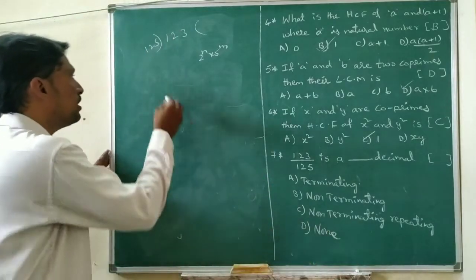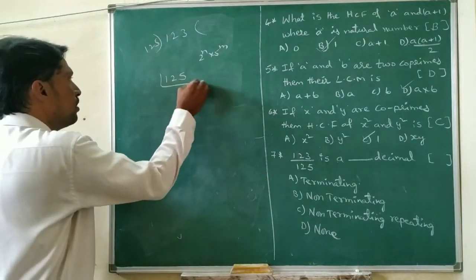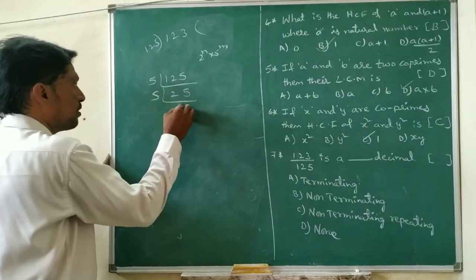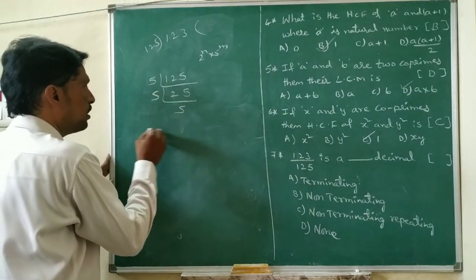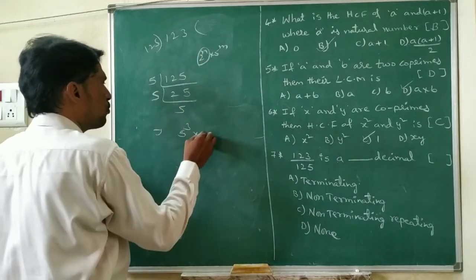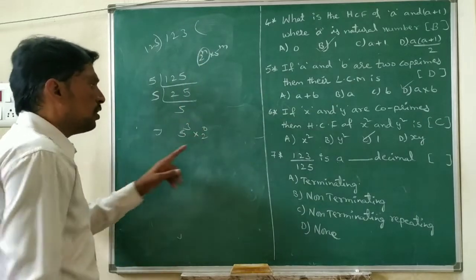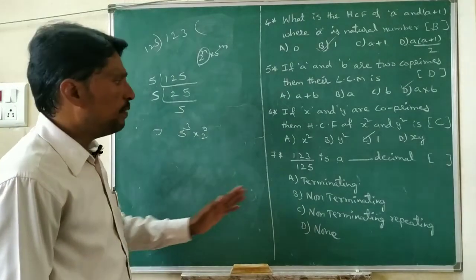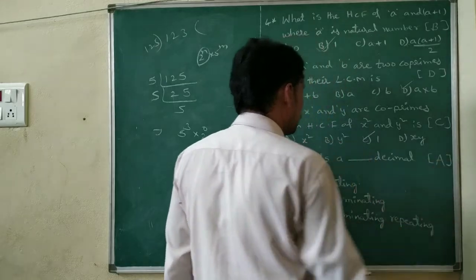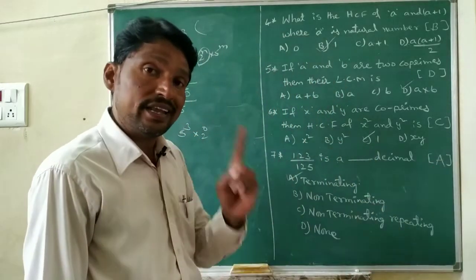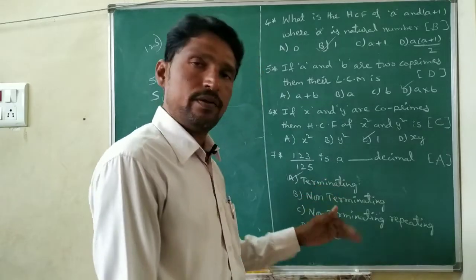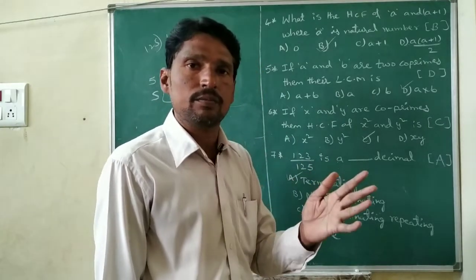So check the denominator, 125: 5 times 5 times 5, so we can write the denominator as 5 cube. Here 2 means 2 power 0. So it is of the form 2 power n into 5 power n, which means it is a terminating decimal. Option A.